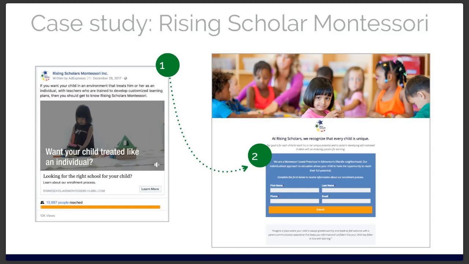So you want to make sure that you're speaking to the same value propositions that the people saw in the ad. That way there's a high relevance. You want to have a high relevancy. That'll help the ad perform, and it'll help the campaign perform better.